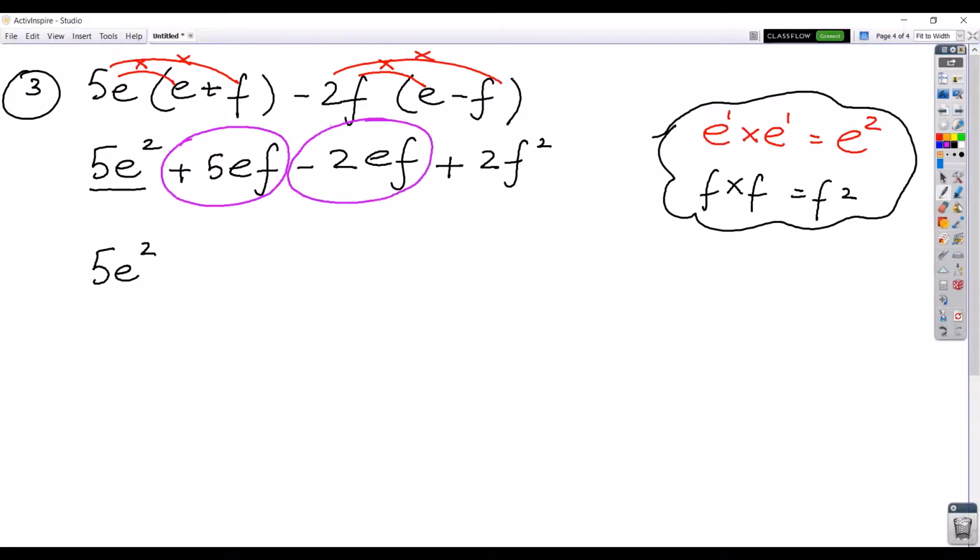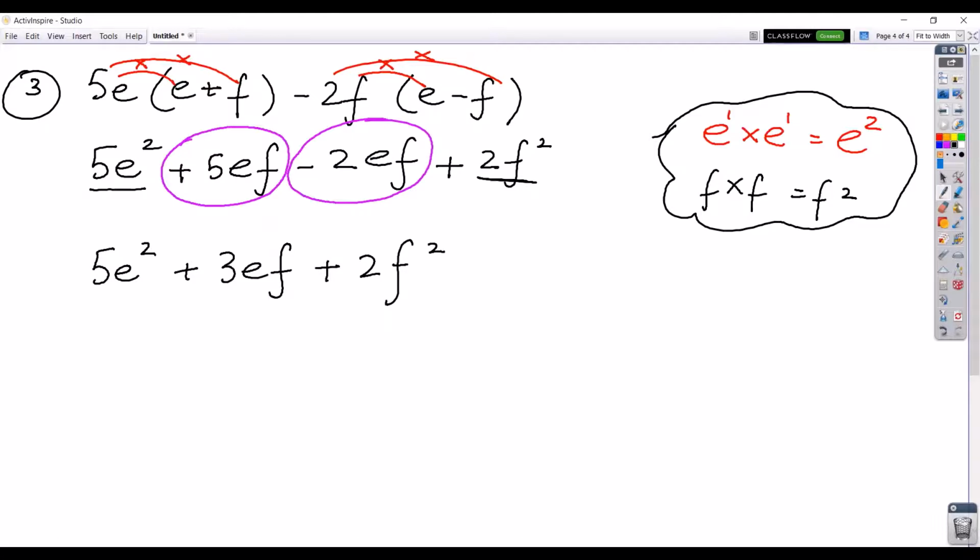So plus 5ef minus 2ef will give plus 3ef. And then the last term cannot be simplified with any other term, so it stays the same, 2f squared. We cannot simplify it more, so this is the most simplified answer.